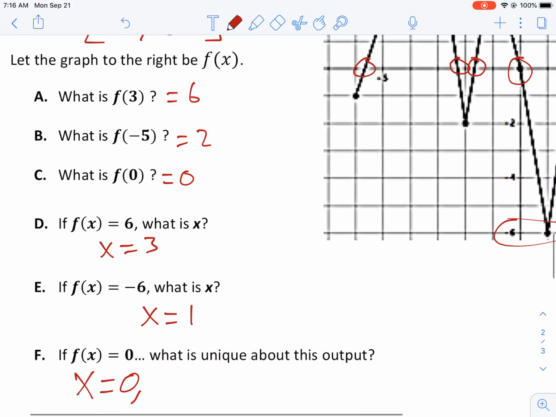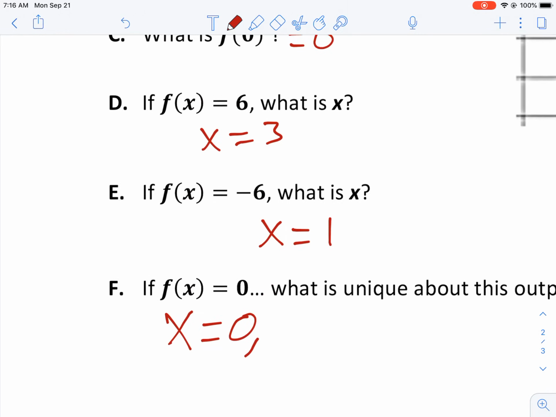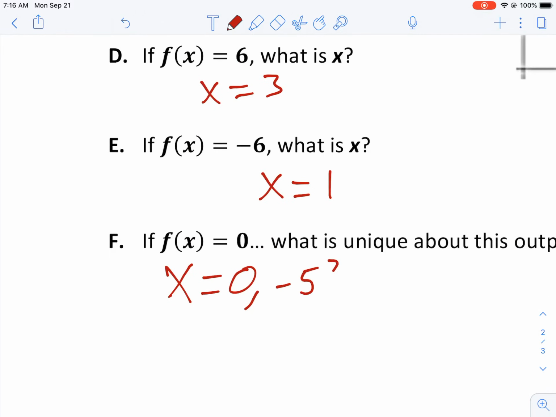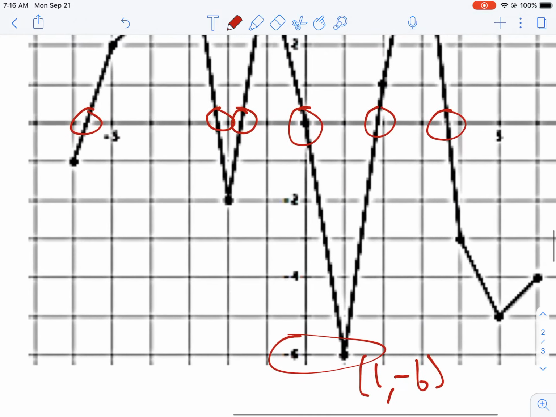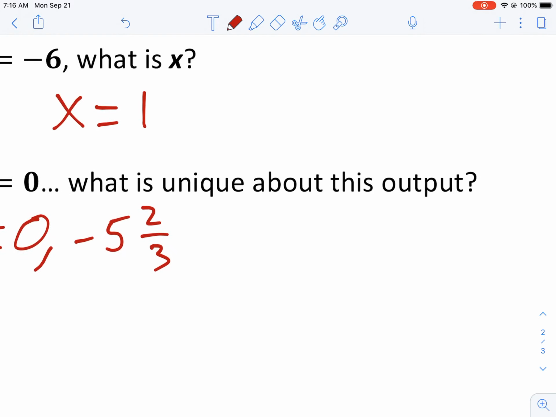And none of them, besides the first one, are at whole number situations. So I don't even know what a lot of these are. This one is what? Negative 5 2/3. Just kind of guessing. This one is at negative 1.75 and negative 2.25. I don't know.